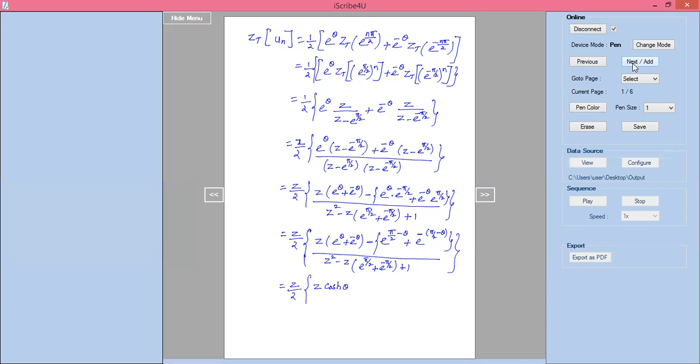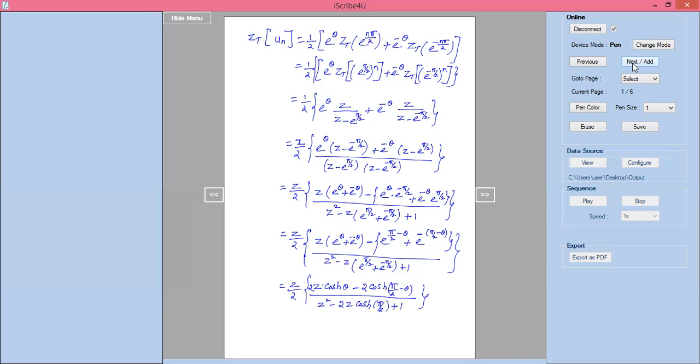Here 2 also will come. 2z I'll write here. 2z into cos h theta minus e power pi by 2 minus theta, I'm writing as 2 into cos h pi by 2 minus theta, divided by z square minus 2z. Here e power pi by 2 plus e power minus pi by 2 is nothing but 2z into cos h pi by 2 plus 1.